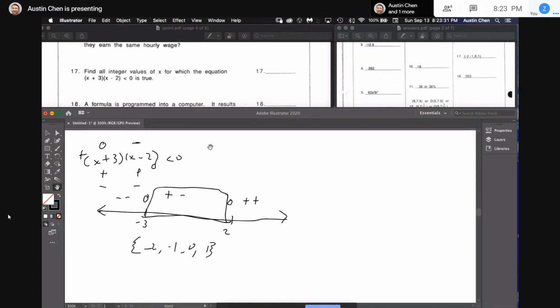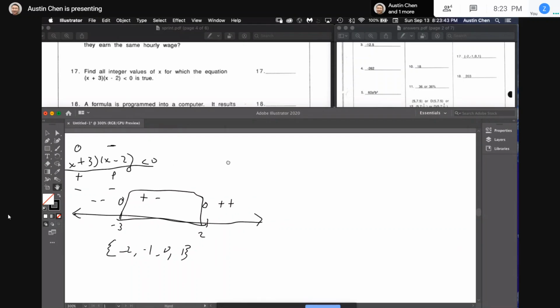So this is a quadratic, and it's a very useful thing for when you're solving quadratic inequalities. So, can I make an example here? Sure.